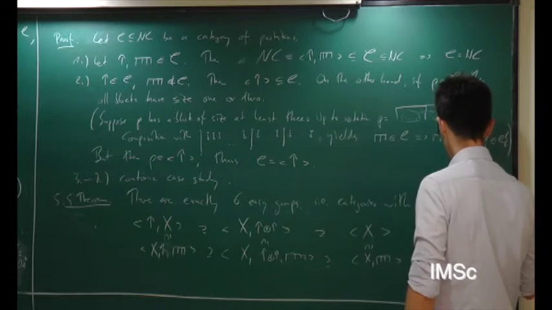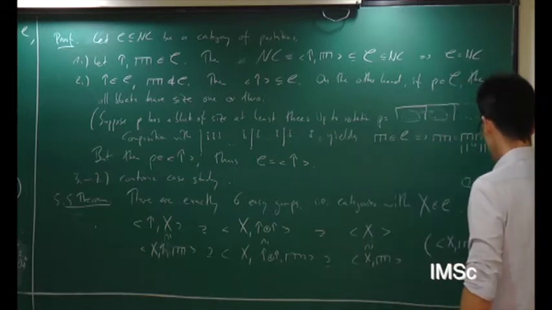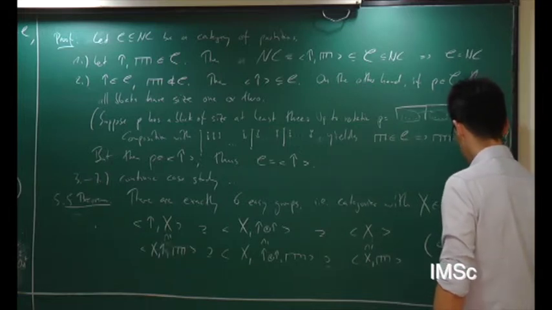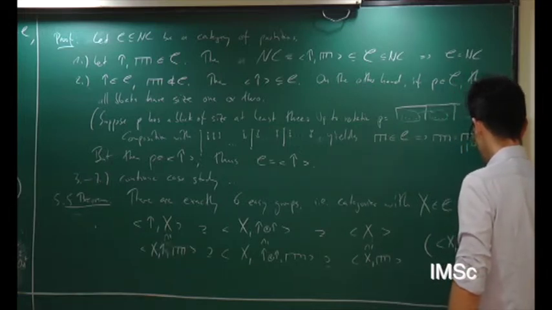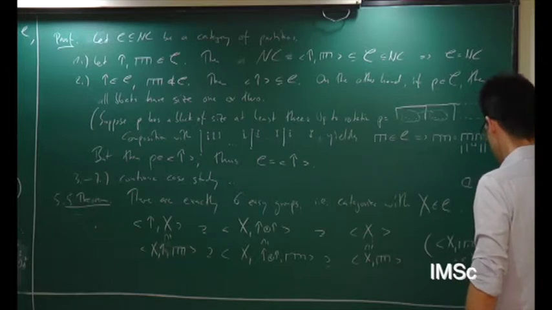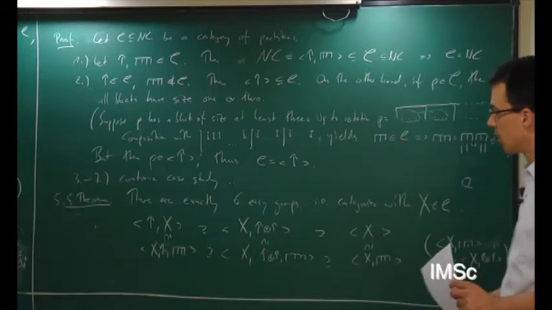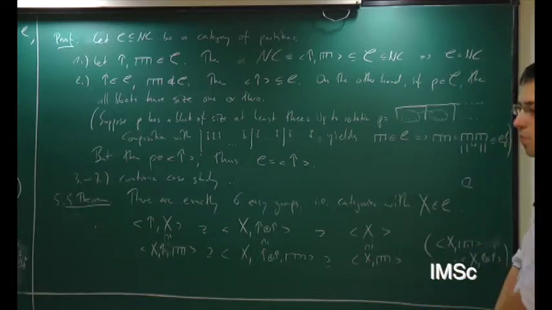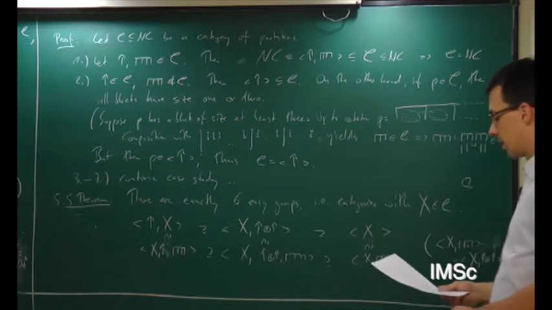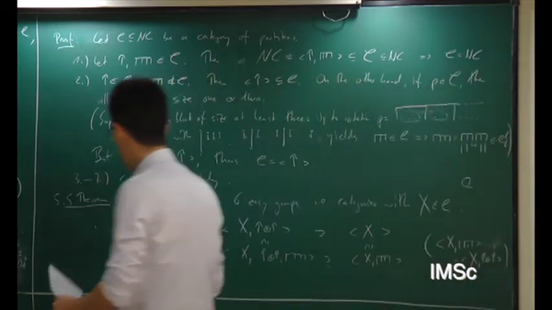So these two categories coincide. Okay, so on the group level, there are only 6. And the proof is as simple as that.